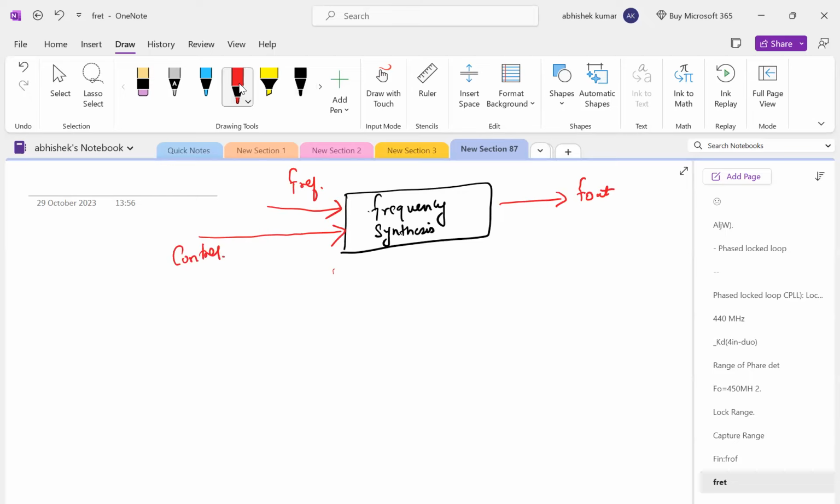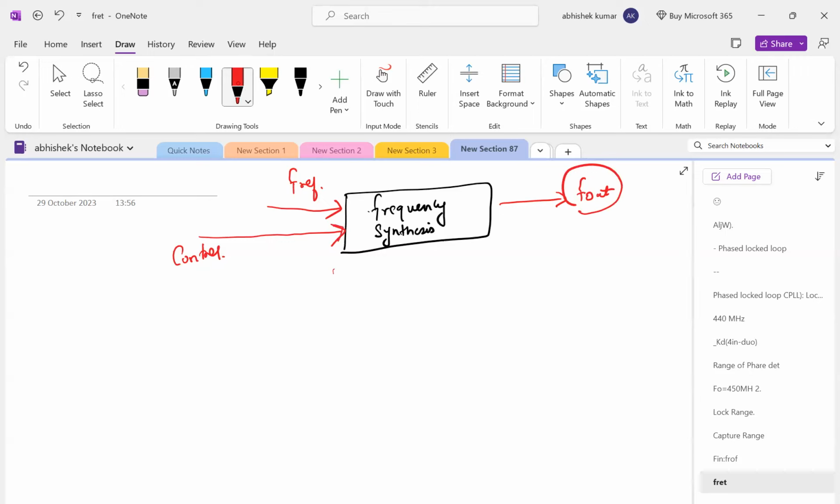Okay. Here we have frequency synthesis. Here we have a stable fixed frequency oscillator. We know a fixed frequency oscillator always gives you a fixed frequency, and we want to generate a signal at a range of different frequencies. So what does frequency synthesis do? It takes a fixed frequency f reference, but you want to generate a signal over a range of frequencies.